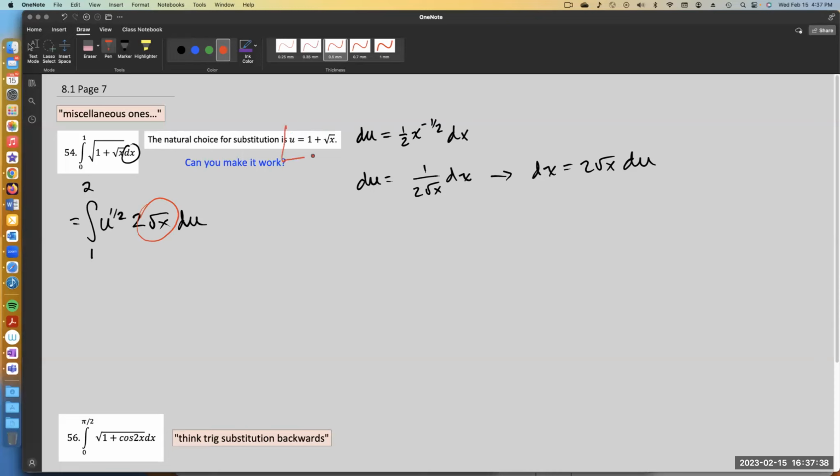And we look at our let statement right here. And if we isolate root x, we'll see that root x is u minus 1. And so what we could do, I'm going to pull out that 2. We're going to have u to the half, and then root x is u minus 1. And that is going to be our strategy.